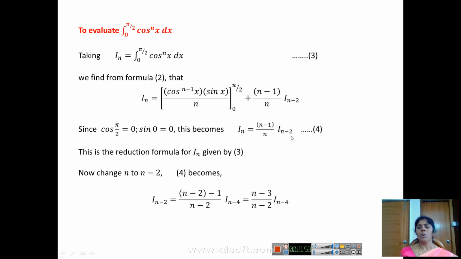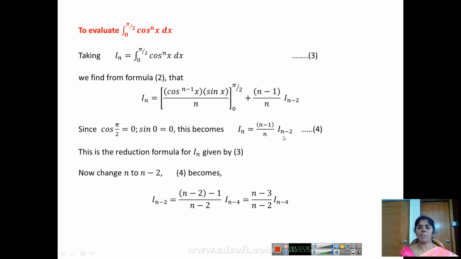For successive terms using the reduction formula, we get In minus 2 yielding In minus 4, again In minus 6, again In minus 8, and it continues. That I have given here: to get the reduction formula for In in equation 3, we are using equation 4.